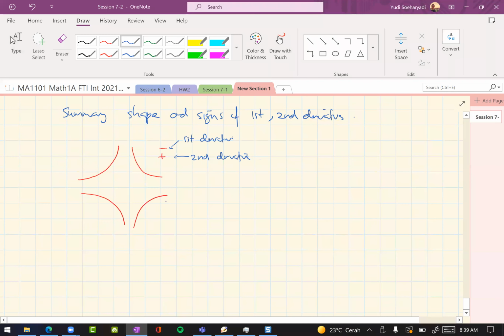All right. And this one is going up, so increasing. And this is concave down. This one is decreasing, concave down.